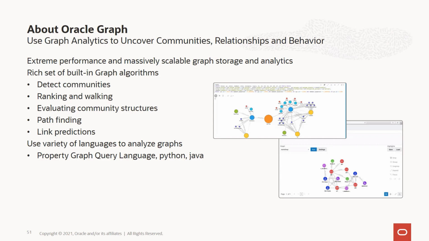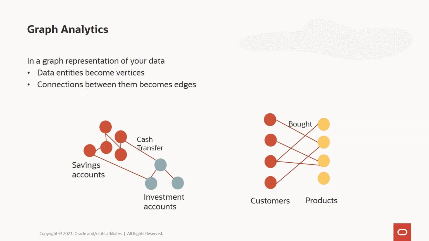And when you represent your data as a graph, you can look for graph patterns and you can query your data to identify these patterns. And the ability to identify patterns and the ability to do analytics makes the graph data model really powerful. And you can model almost any data as a graph.